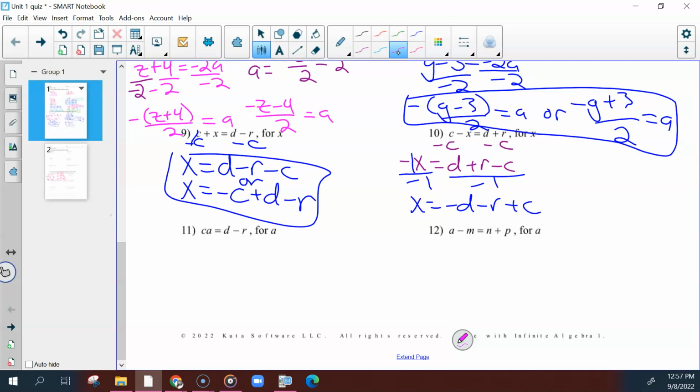For 11, if we're getting a by itself, c is the only thing next to a. These are next to one another, so they're multiplying. So to get rid of that, we would divide both sides by c to leave us with a equals d minus r all over c. Do you have any questions on that one?